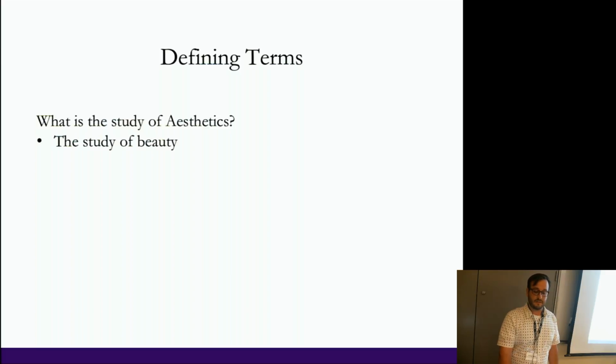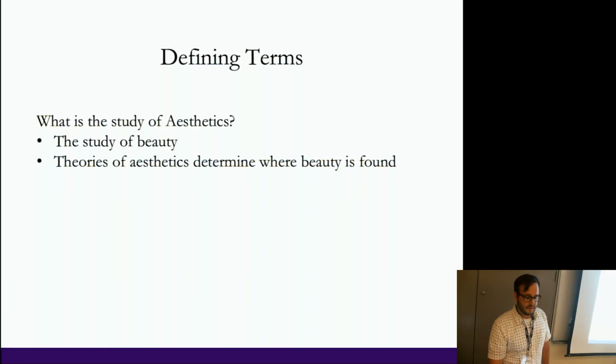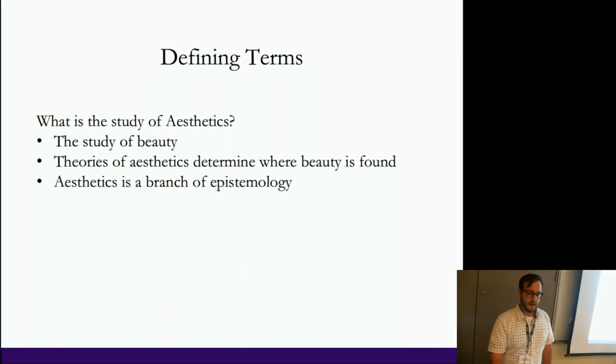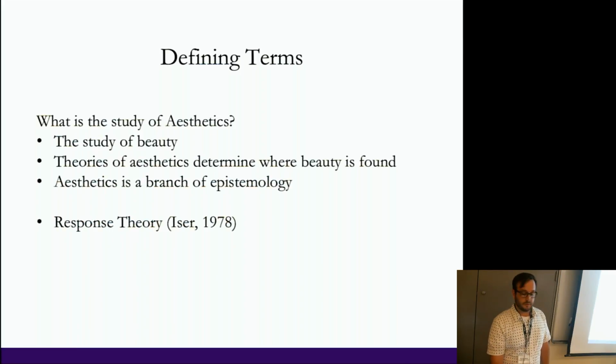And in this case, the aesthetic value is found in the object and not in the subject. Aesthetics, again, is a study of how we know beauty, so it fits under the branch of epistemology. And I'll primarily be engaging with response theory, as they're often implicitly present, if not explicitly present, in the methodologies of many empirical aesthetics research.